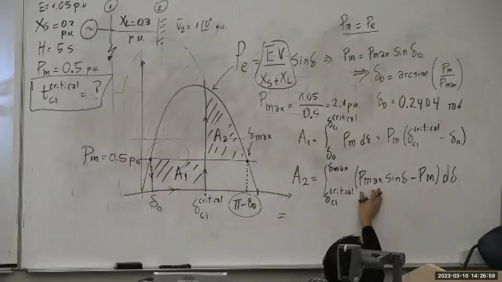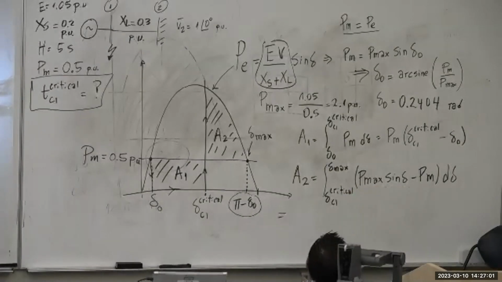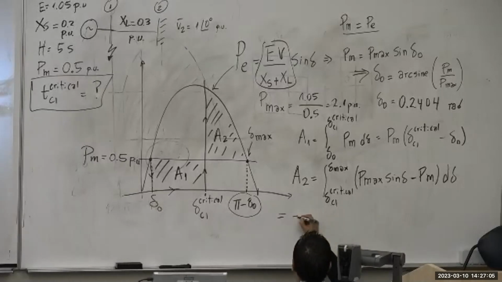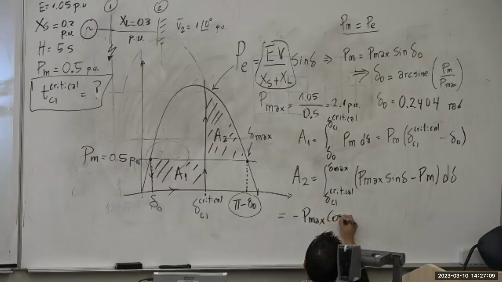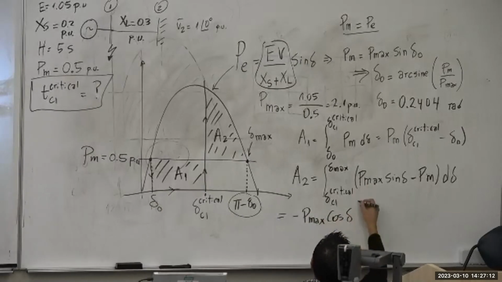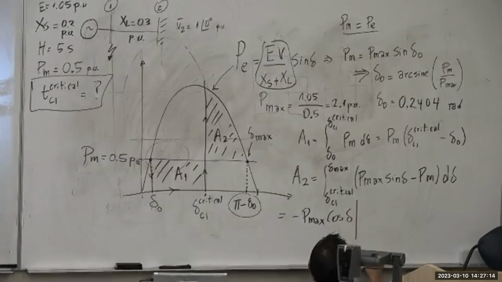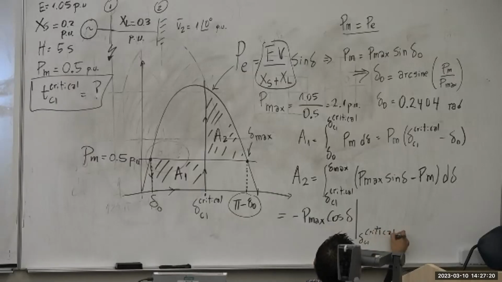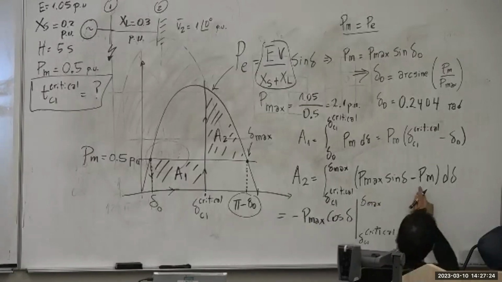The first part is the integral of P max sine of delta. So the integral of sine of delta is negative cosine of delta, and this will be evaluated between these two points. The second part is constant.